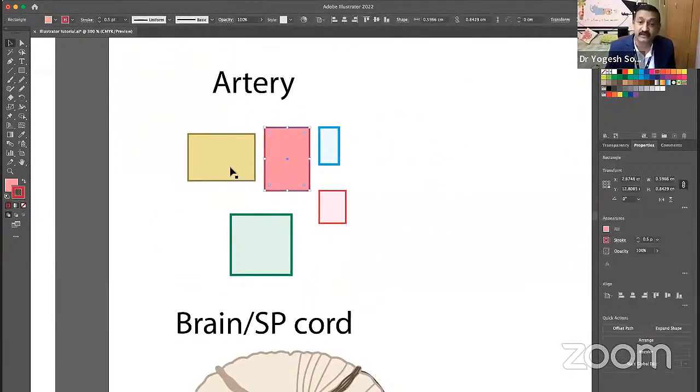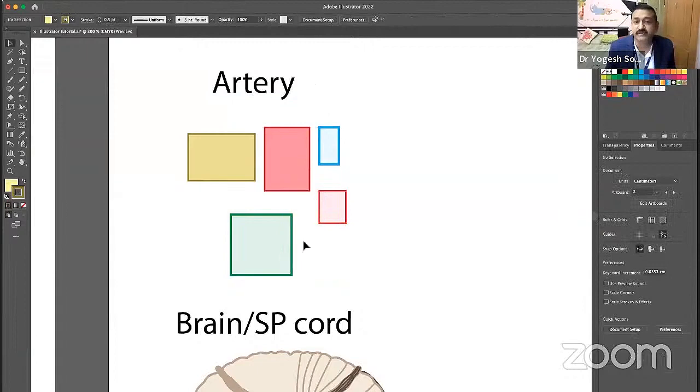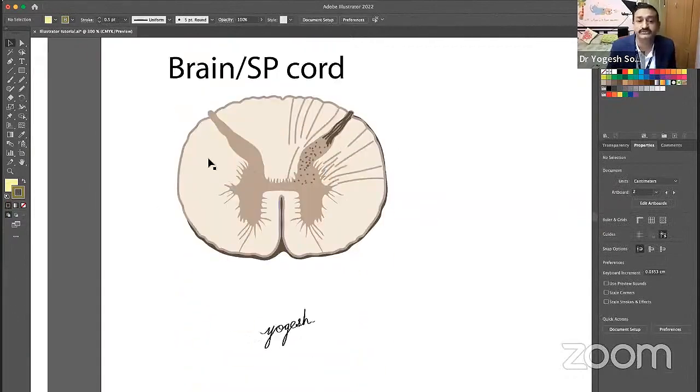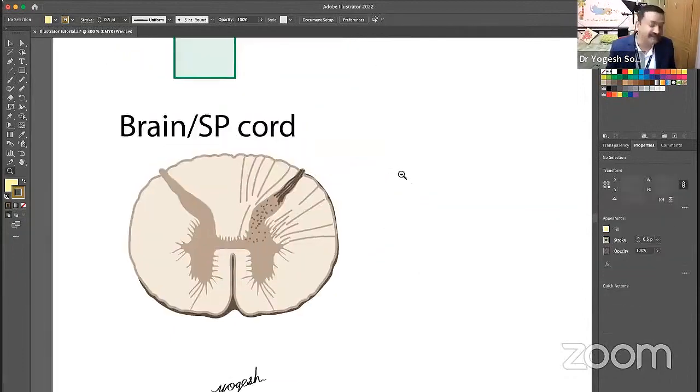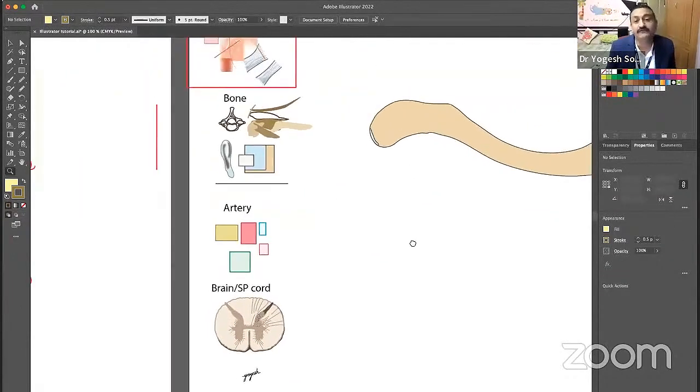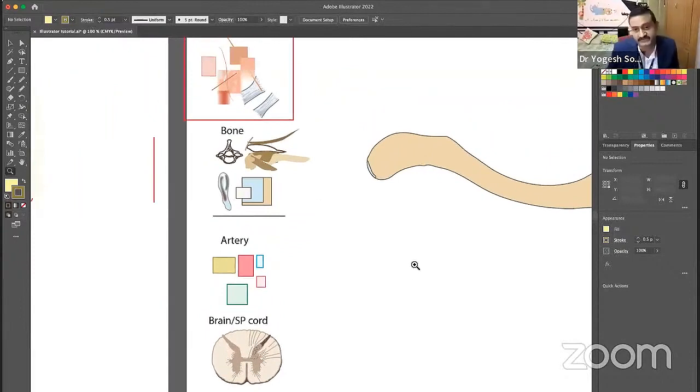Then this is the artery color, vein color, nerve color, ligament color. So this panel I'm using that one. Then nervous tissue, this is I'm using for the brain and the spinal cord, and this is my signature. So this panel I am keeping it ready for drawing all illustrations. Sometimes we may need to modify according to the requirement, that we can do it as per the requirement.